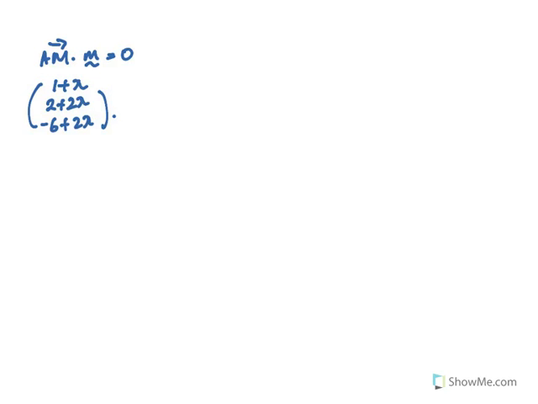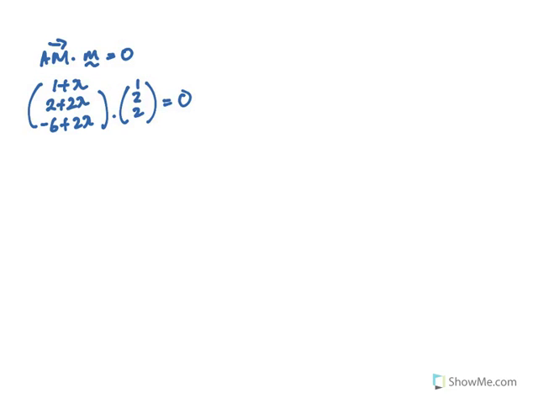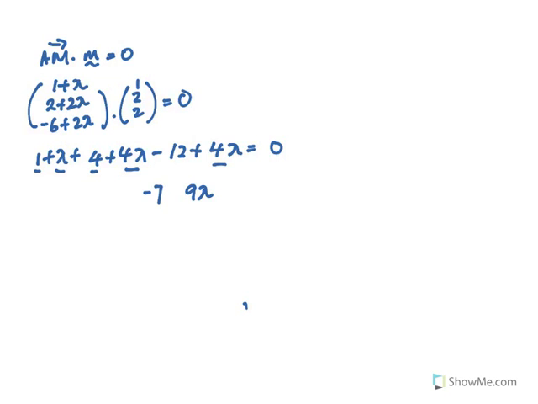After that we have 1 + lambda + 4 + 4 lambda - 12 + 4 lambda = 0. So we have 9 lambda, and 1 + 4 - 12 gives negative 7, so -7 + 9 lambda = 0, and lambda should be equal to 7/9.